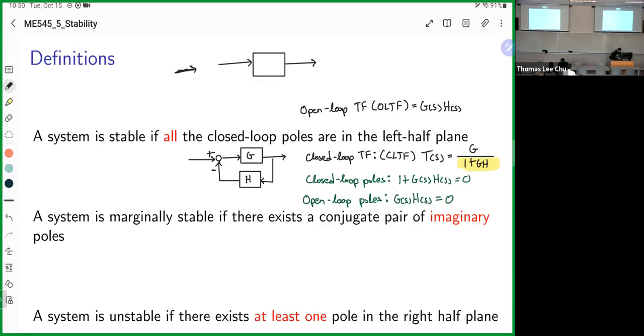These two definitions are tied together for feedback systems. So I would think of an open loop transfer function in a feedback system as G times H. And then closed loop transfer function is the equivalent block diagram of the whole feedback system simplified to one block. That's the closed loop transfer function.